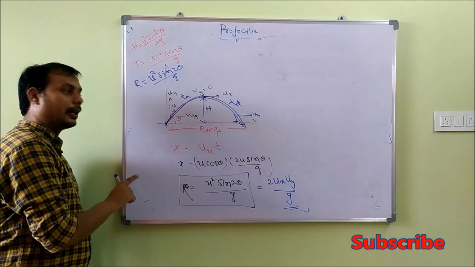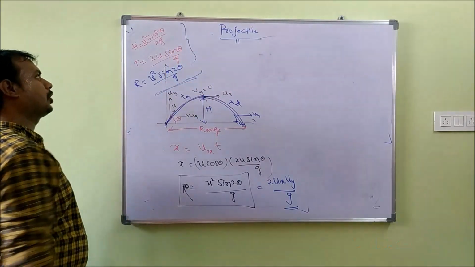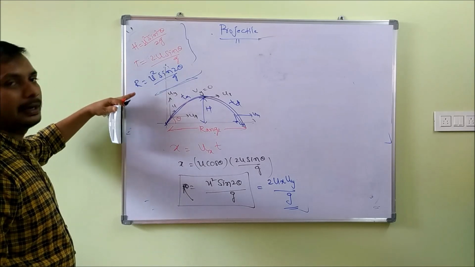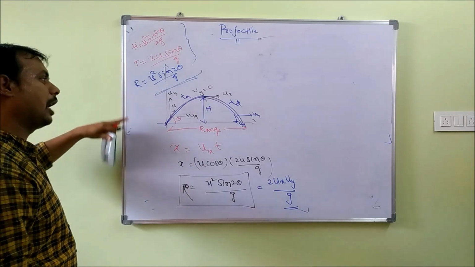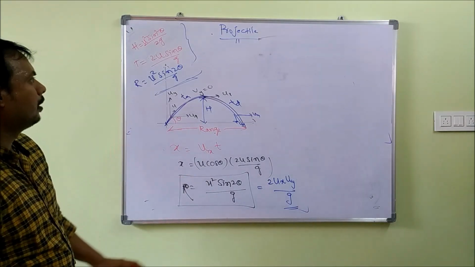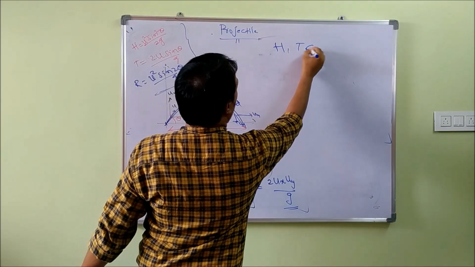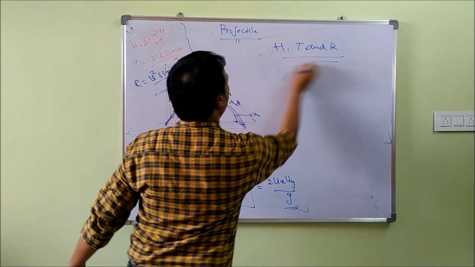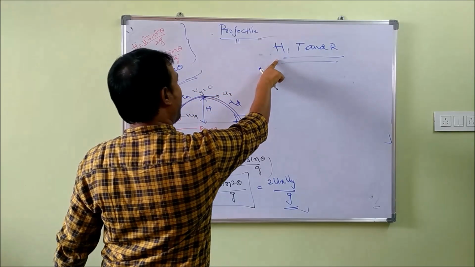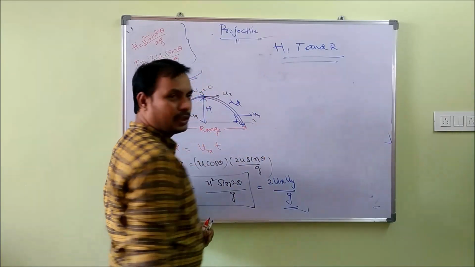This is also a formula for range. So I deduced three expressions: h, maximum height, time of flight, and range. And of course time of ascent and time of descent also. We must remember the relation between h, t and r, which is very important. Remember these three relations.